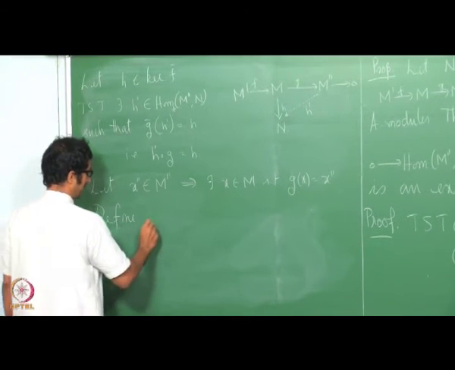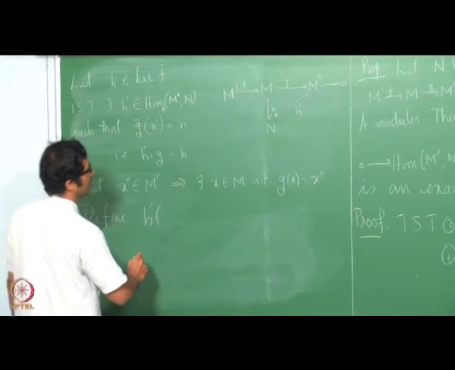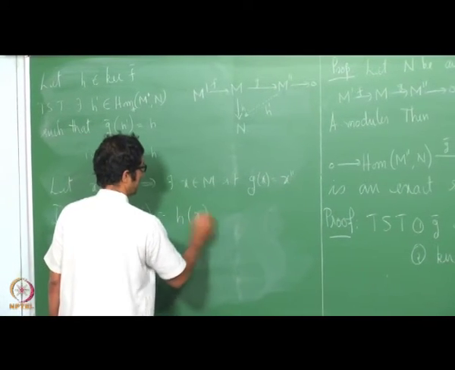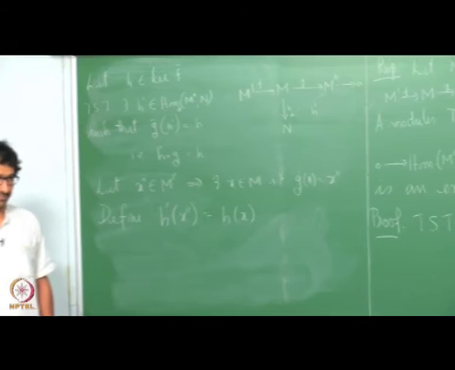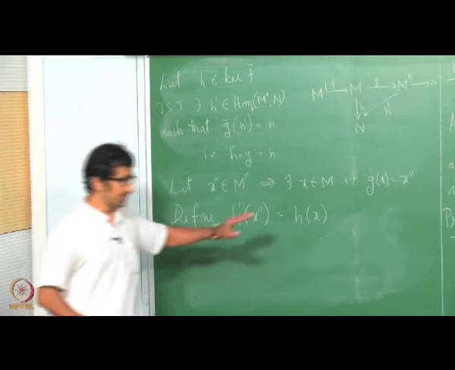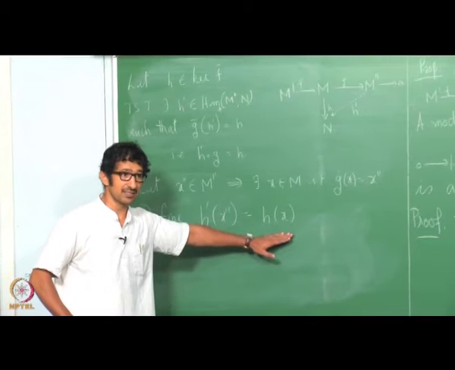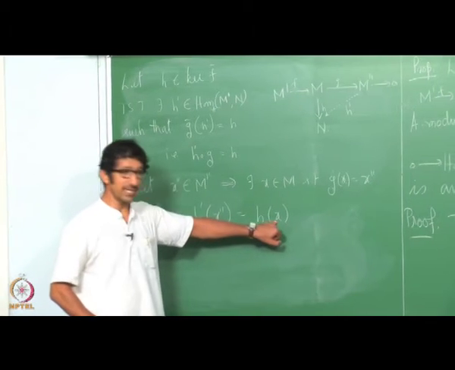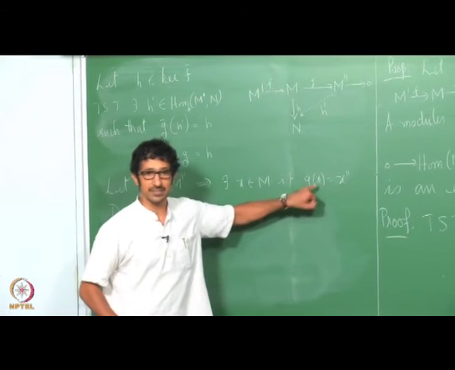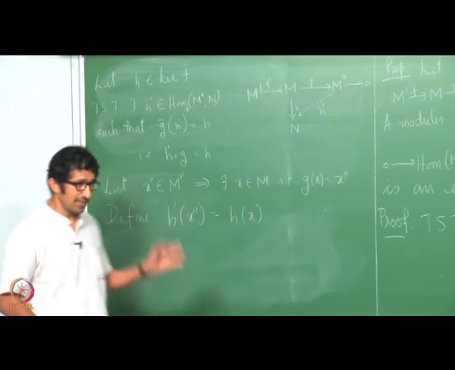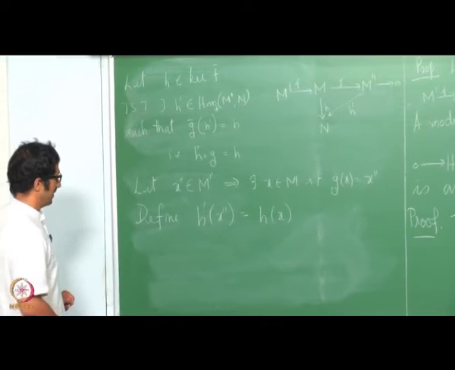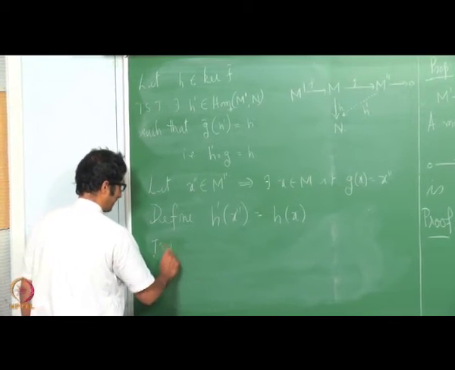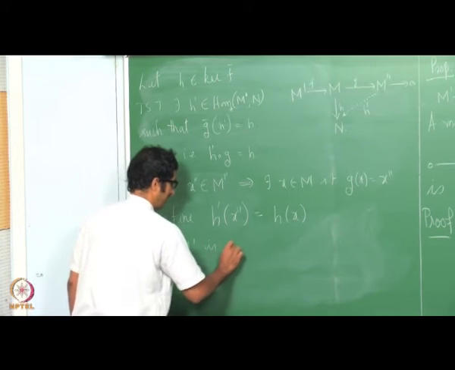Define h prime of x double prime to be equal to h of x. With this definition, at the moment this is not well defined, because there could be many x that satisfy this property. So, first we need to show that h prime is well defined.